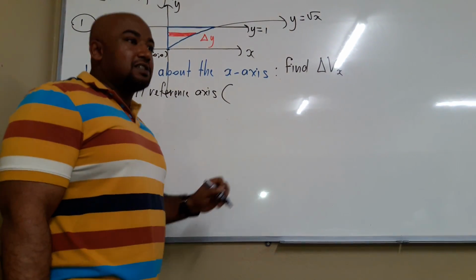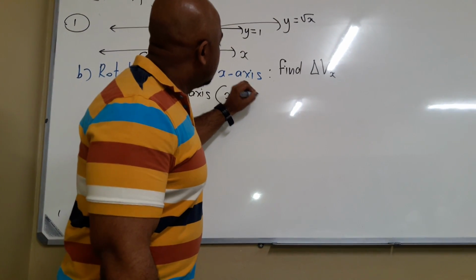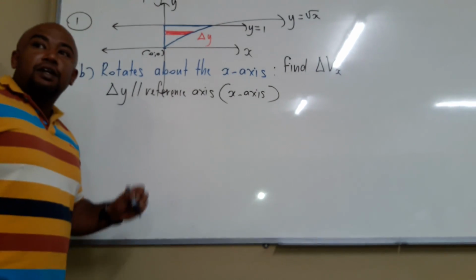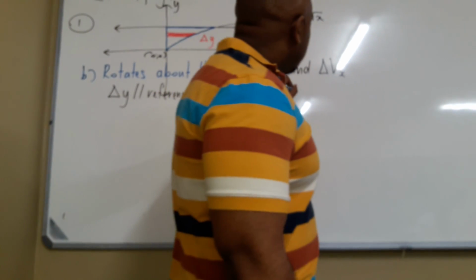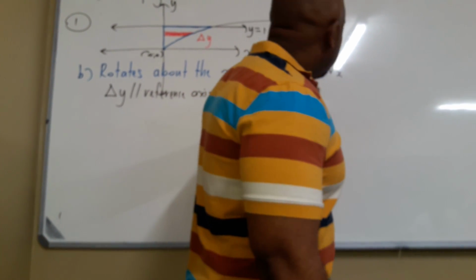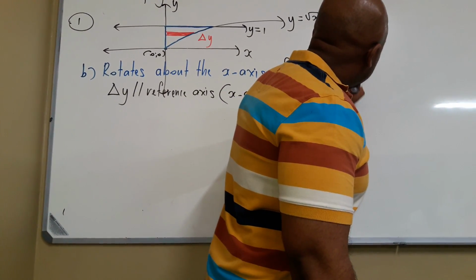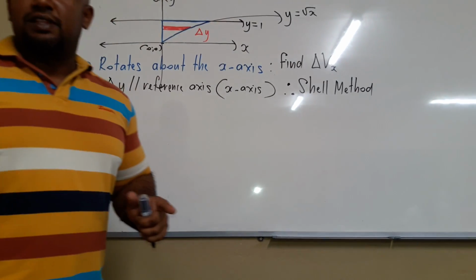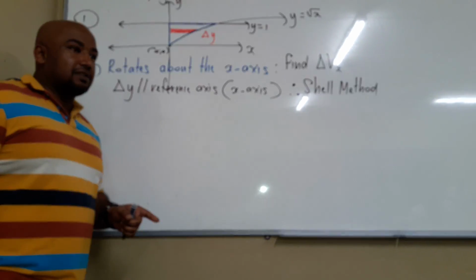The reference axis, which is the x-axis. So, if it is parallel, then we are going to use the shell method. If it was perpendicular, it would be the disc method. Parallel, shell method.